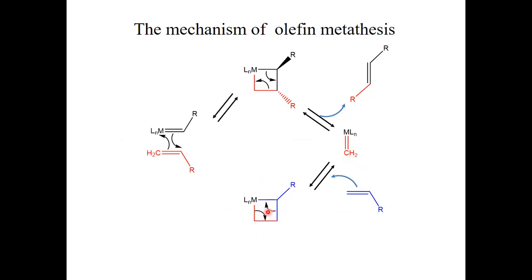However, it can also open in an alternative way. So this electron pair here can move over there, making again a carbene complex. And this electron pair here can move over there to form now ethylene. And our ethylene is now our second reaction product.